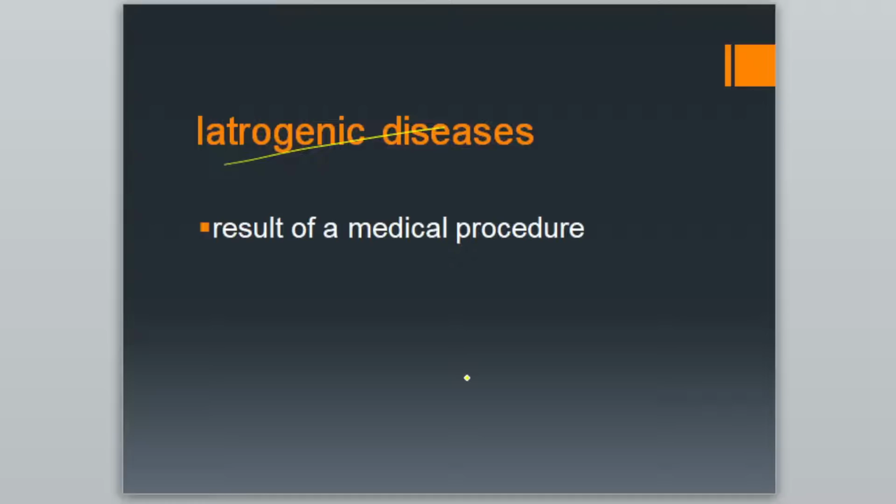Iatrogenic disease can occur after procedures involving wound treatments, catheterization. What do you mean by catheterization? Means you put a urine bag, catheter, or surgery if the wound or the surgical site becomes contaminated.